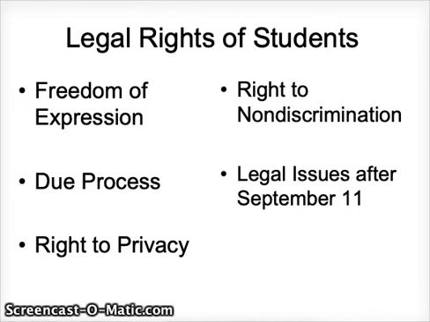So that's how these legal right issues get settled, is that they always look at how it's impacting the rest of the school environment, even though students do have a legal right to express themselves in a variety of ways. The second legal right students have is to due process.